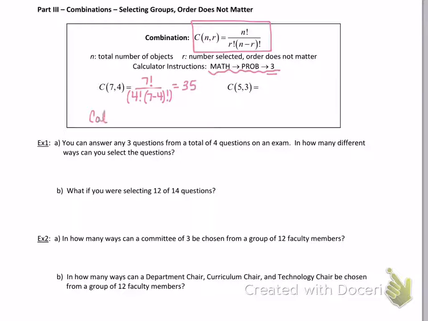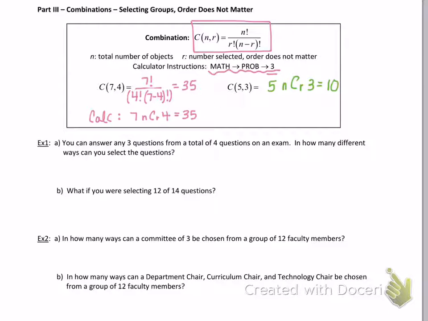Or in your calculator, you have 7 choosing 4, order doesn't matter, and you have 35. For this next example, same thing. You have 5, that's your n value, choosing an r value of 3, and you get 10. So combinations actually give us a smaller number than a permutation because it's just grouping things together. The order doesn't matter, so we have a smaller number of options.